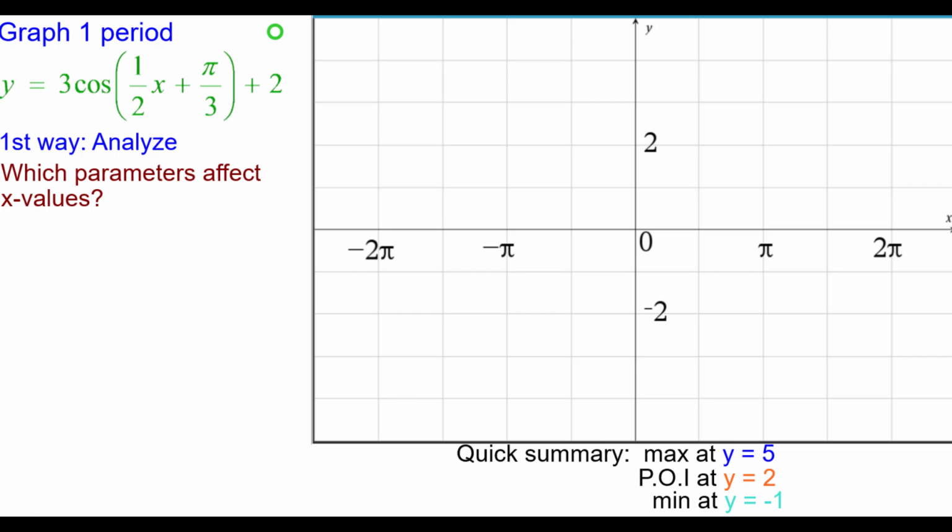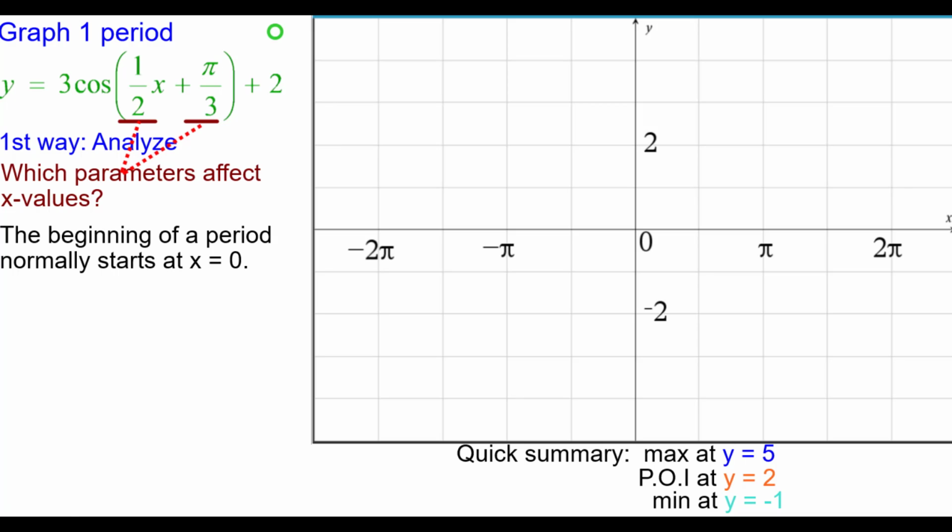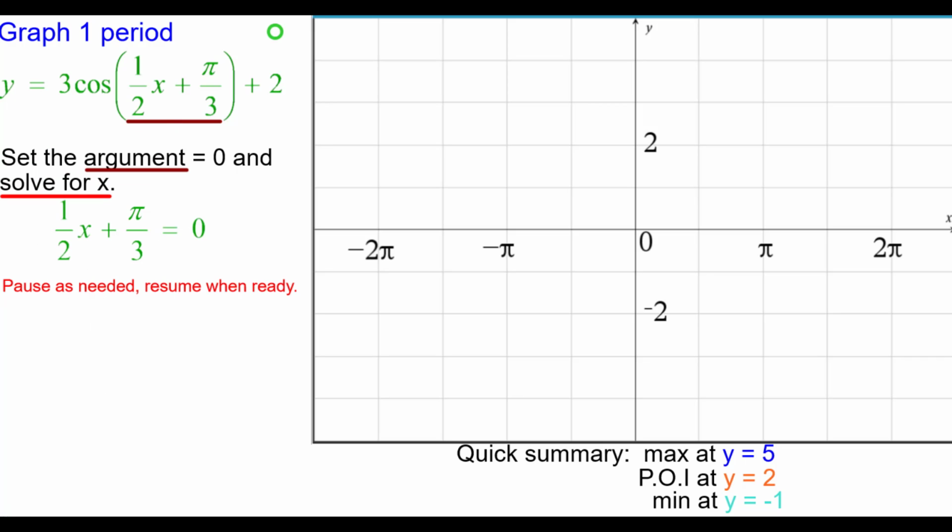Which parameters affect the x values? Well, that would be the 1/2 here and the plus pi over 3 inside the parentheses, inside the argument. Since the beginning of the period normally starts at x equals 0, we're going to set this entire argument equal to 0 and solve for x to see where this actually starts one period. So I took 1/2 x plus pi over 3, set it equal to 0.